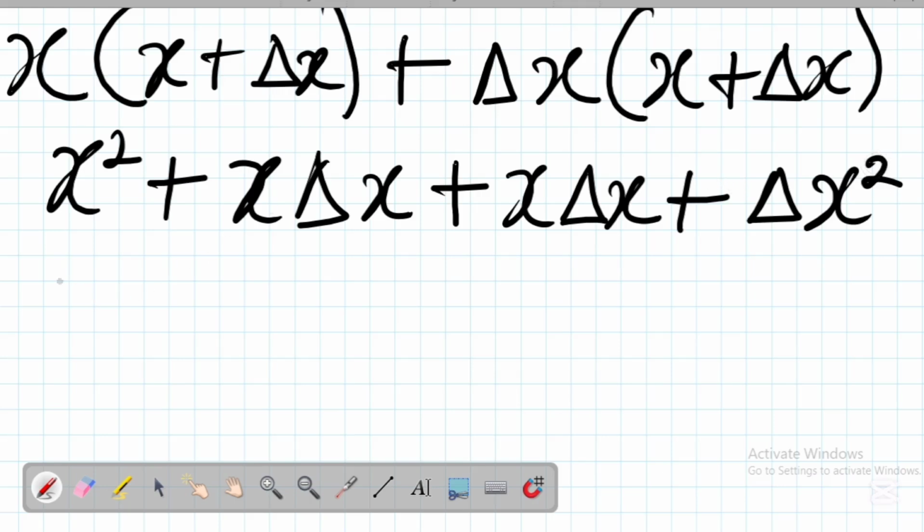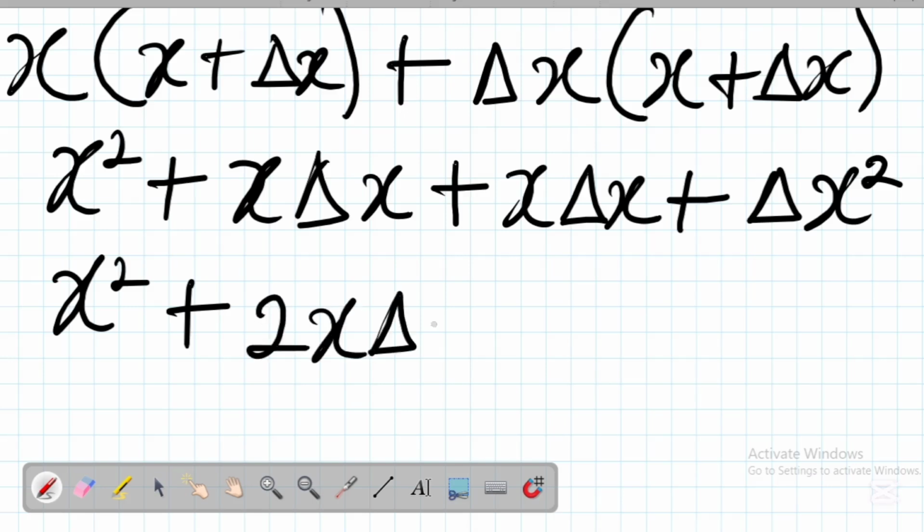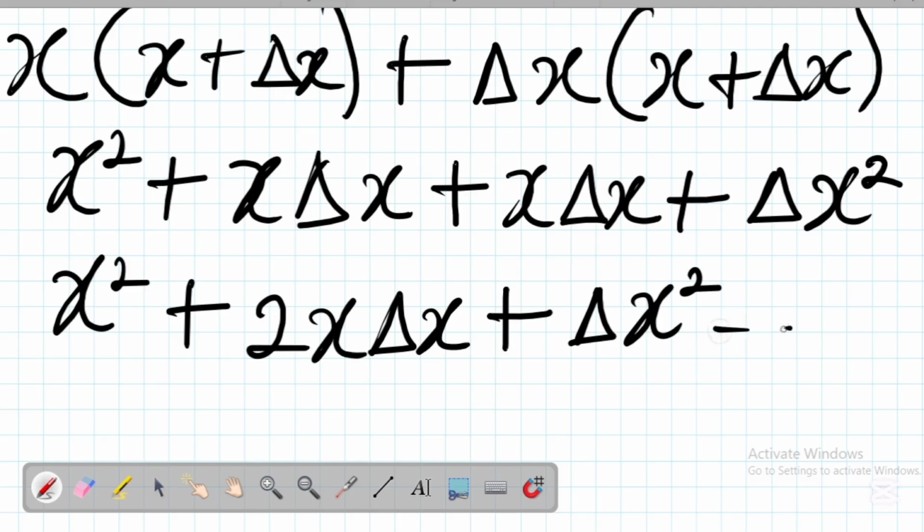So we have x squared plus x change in x plus x change in x gives us 2x change in x, plus change in x squared. Let's call this equation 3.